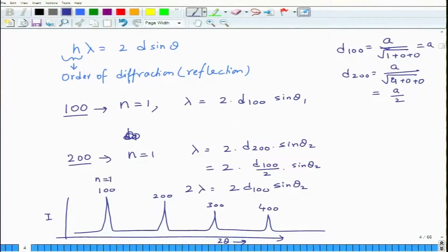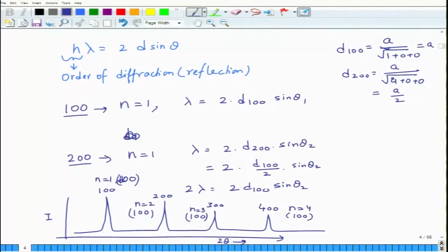That is the significance of n. So, this n, which is called as order of diffraction, is meaningful in this manner. So, this is nothing but n is equal to 1 for 100, this is n is equal to 2 for 100, this is n is equal to 3 for 100 reflection, okay, and this is n is equal to 4 for 100 reflection.